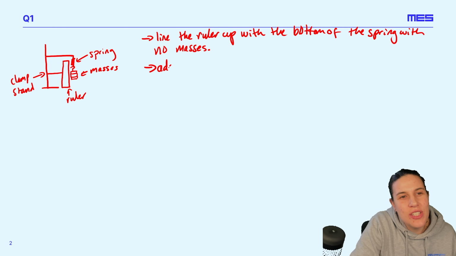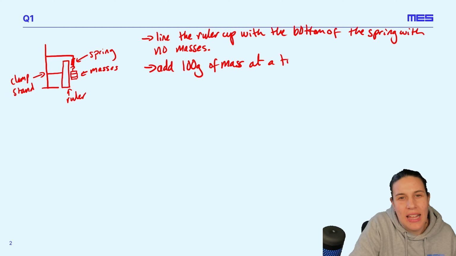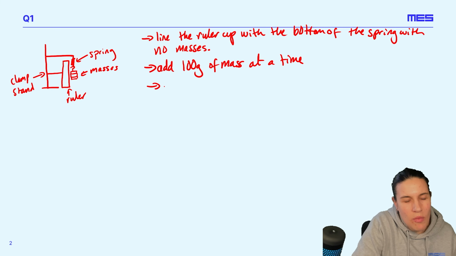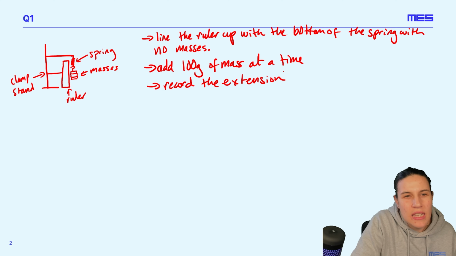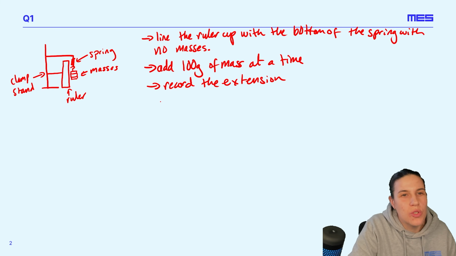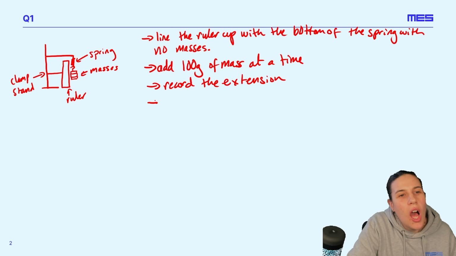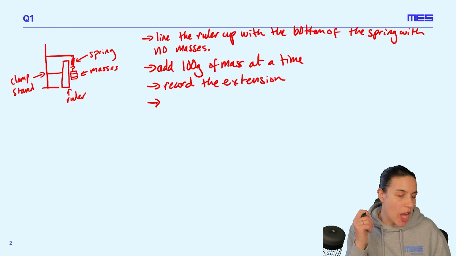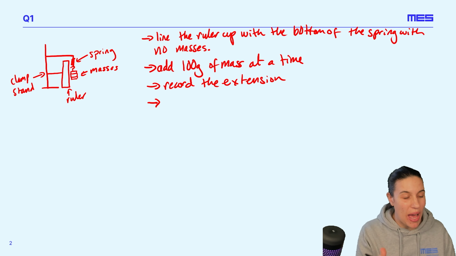Then I'm going to add 100 grams of mass at a time. I'm going to record the extension in some sort of table. I am going to make sure that I don't exceed over about 800 grams here, okay?